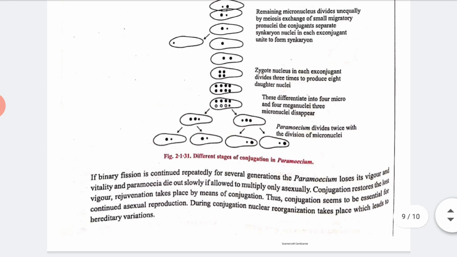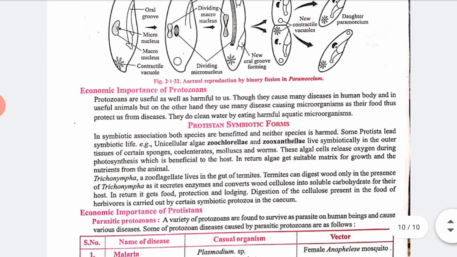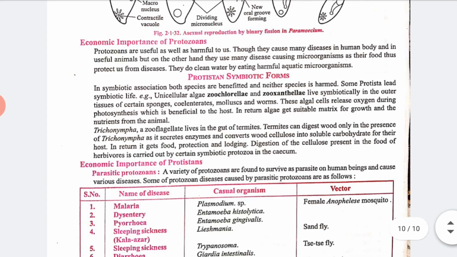So now next we have the protist symbiotic forms. Okay, so in symbiotic association both species are benefited and neither species is harmed. Some protists lead a symbiotic life such as unicellular algae, right? Yes, like zoochlorellae.